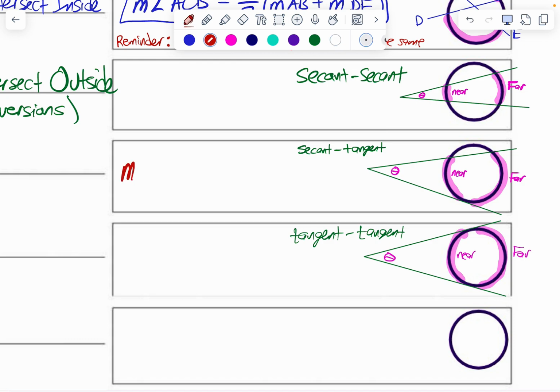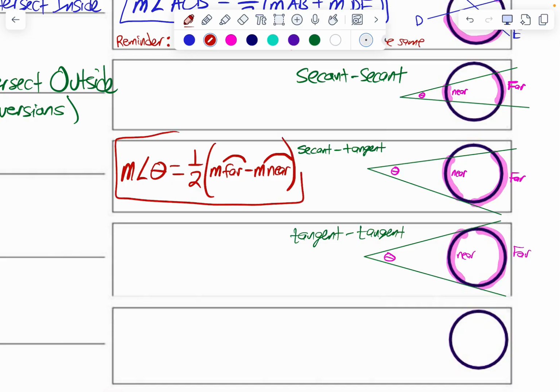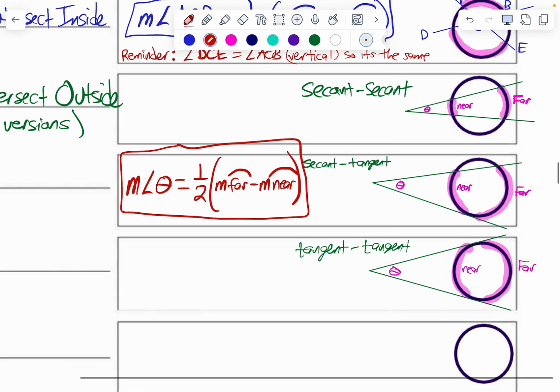And it's going to be measure of angle theta, we'll call it. That letter can change. Again, it's 1/2 the measure of the far arc minus the near arc. So that again is a formula. Probably should box that. So the measure of the angle is half of the difference this time, whereas before it was the sum.